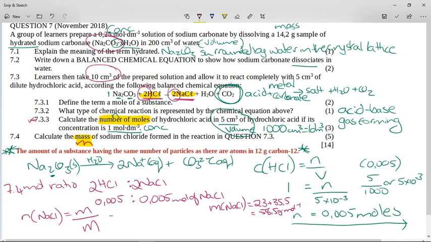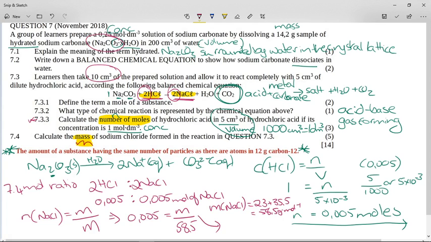And then we just come to our formula here, and we say 0,005 equals m, the mass we're looking for, the mass in grams, over the molar mass, big M, 58.5.